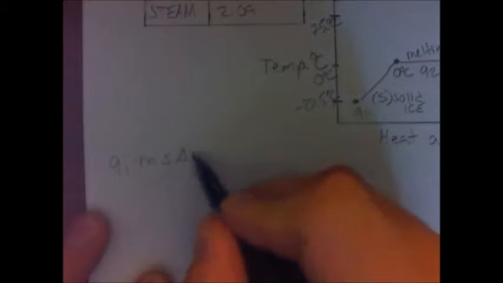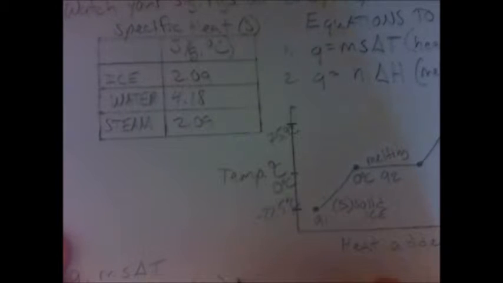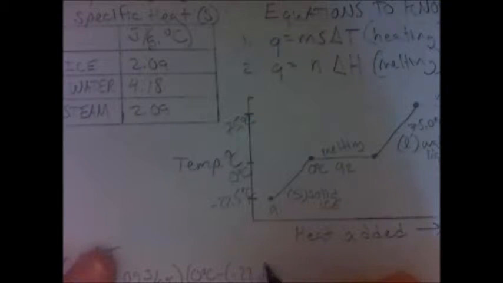Q1 is equal to m s delta T. Our mass we have from the question is 105 grams of water. Specific heat from the table for ice is 2.09 joules over grams degrees Celsius, and the difference in temperature is 0 degrees Celsius, because large minus small, negative 22.5 degrees Celsius.